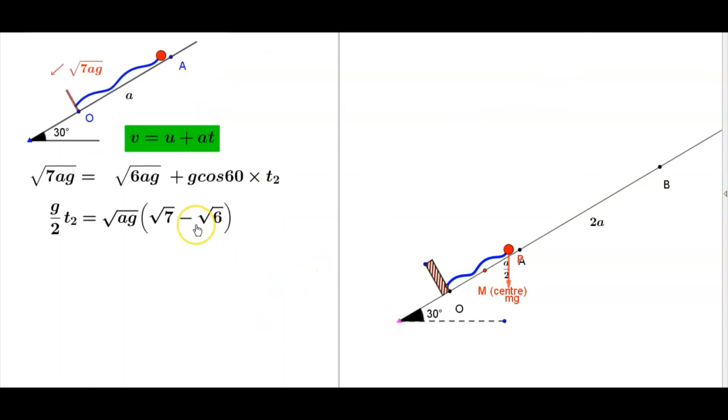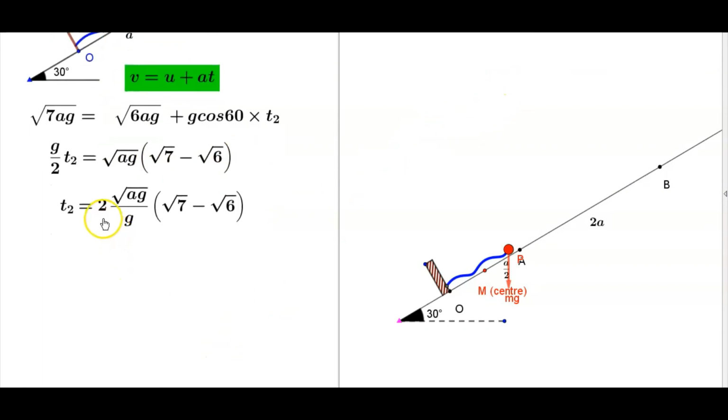Therefore, G T2 by 2, since cos 60 is a half, is equal to square root of AG times the bracket square root of 7 minus square root of 6. Therefore, T2 is equal to 2 into square root of AG over G times the bracket square root of 7 minus square root of 6.